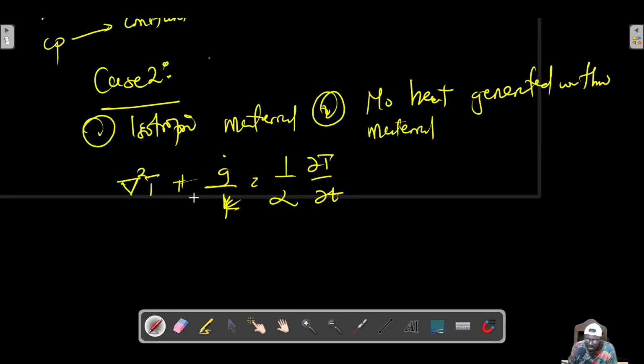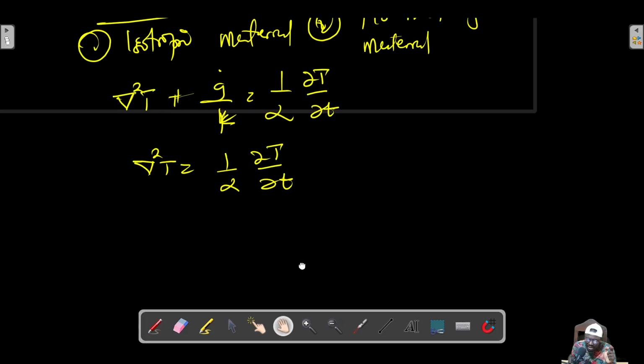Now, if the material is isotropic and there's no heat generation, then G dot goes to 0. Then we have the Laplacian of the temperature field is equal to 1 over alpha del T del small t.